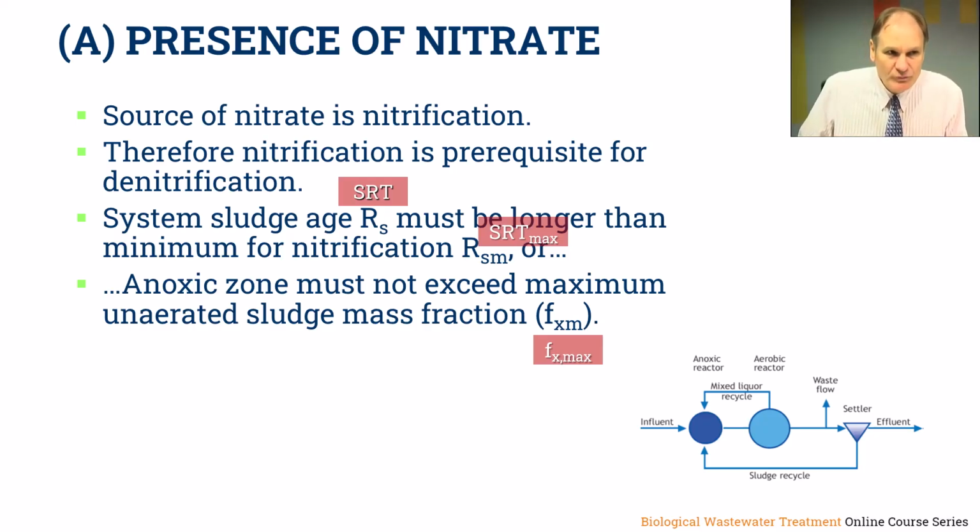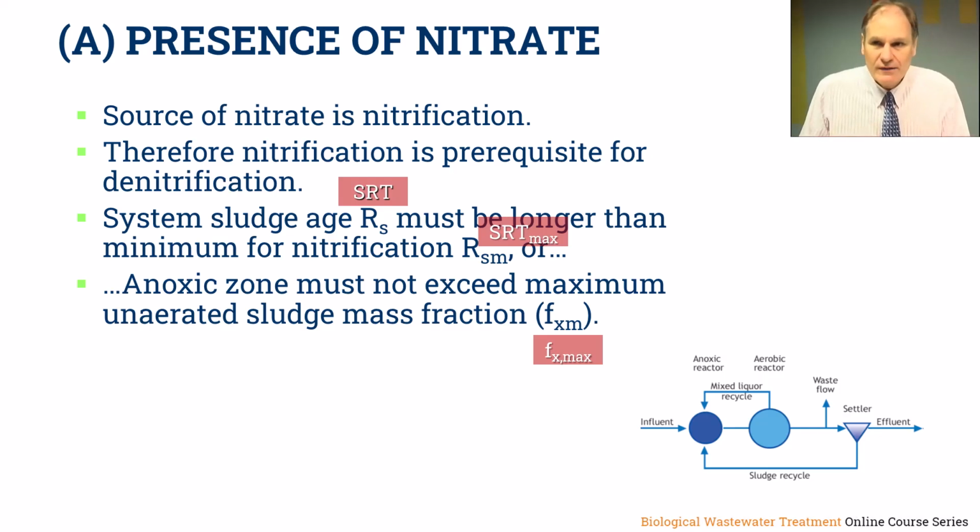There also should be no input of dissolved oxygen into the anoxic reactor, because any oxygen that I put into the anoxic reactor is going to be consumed preferentially by the ordinary heterotrophic organisms before they will use nitrate.